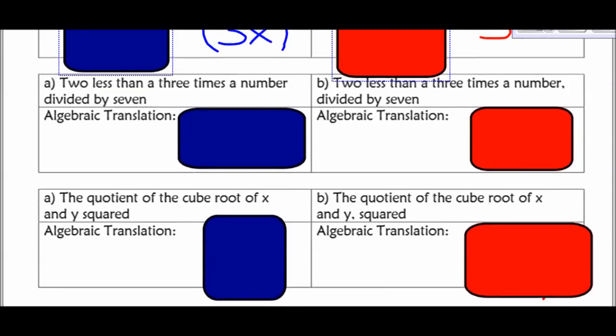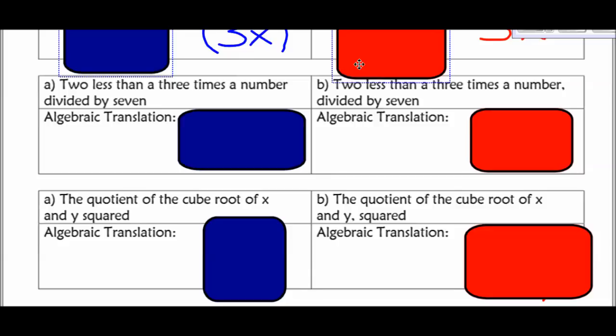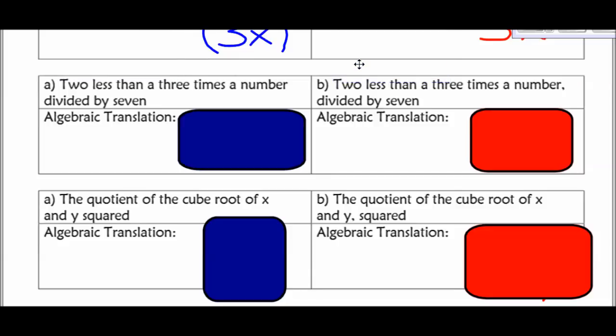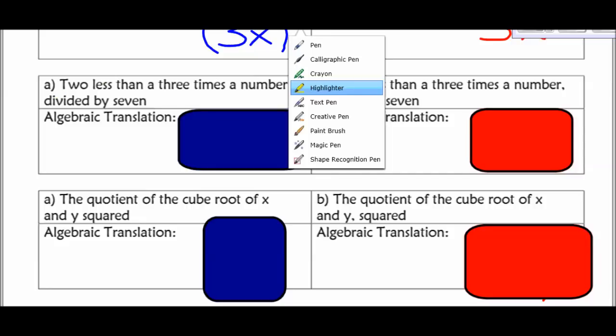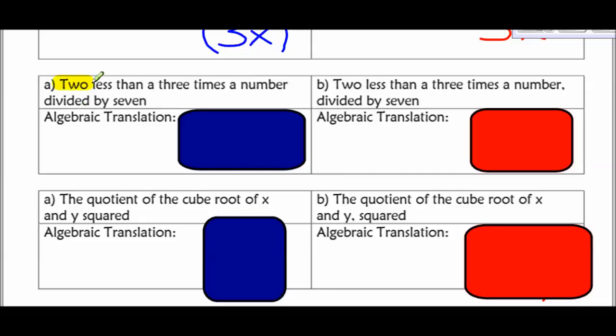Alright, the next one is saying 2 less than 3 times a number divided by 7. So 2 less than is telling us that we're subtracting 2 from something. The 2 has to happen at the end. We see that phrase less than. That's telling us we're going to flip these things.